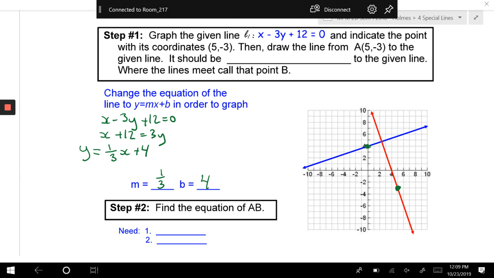Using my slope and y-intercept, I've been able to come up with my blue line. I identified my point of interest, A, (5, -3). And so from a visual, I'm going to try to sketch the line that is perpendicular to my line of interest. That's what I've done on the graph here.